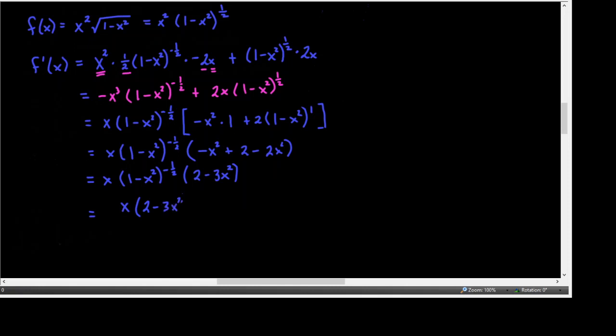And because it's raised to a negative 1/2, 1 over something to the 1/2 power, I want to always ask that you rewrite that as a radical. If it's 1 over something, like if it had been 1 over 3, it would have been a cube root radical. If it had been 1 over 4, fourth root radical, etc. Okay, so that is the final answer for this one.